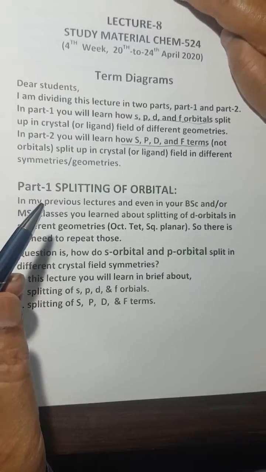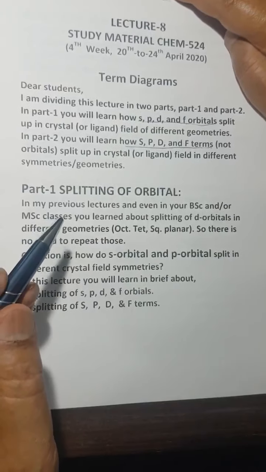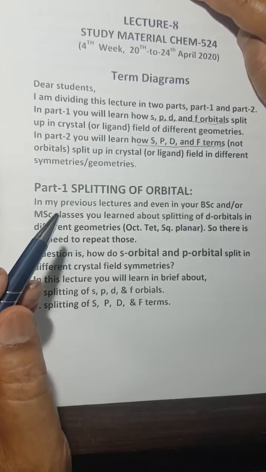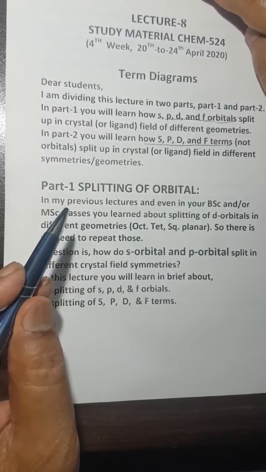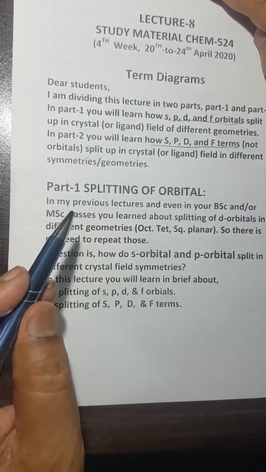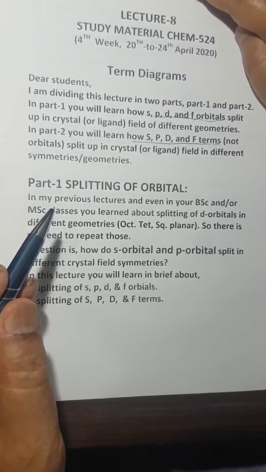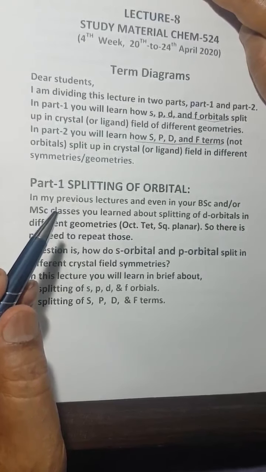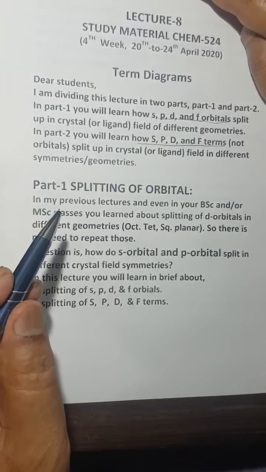I'm dividing this lecture into two parts. In part 1, you will learn how S, P, D and F orbitals split up in crystal field or ligand fields of different geometries.